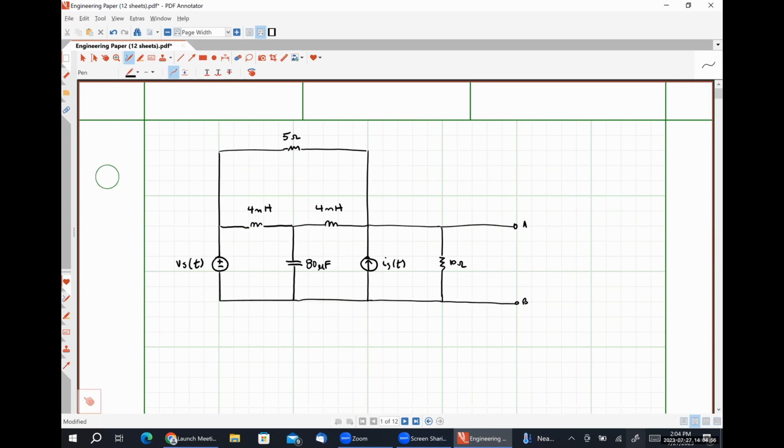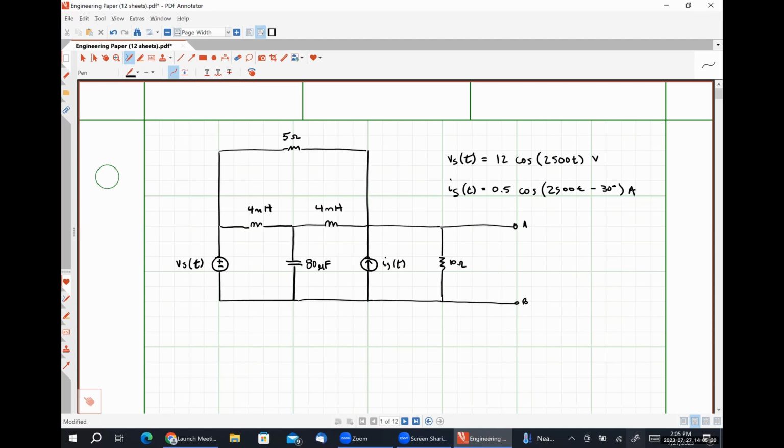the time domain. Okay. So let's say that our source voltage Vs of t is 12 cosine 2500 t volts, and our current source Is of t is 1/2 cosine 2500 t minus 30 degrees amps.